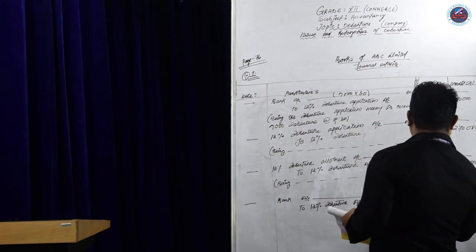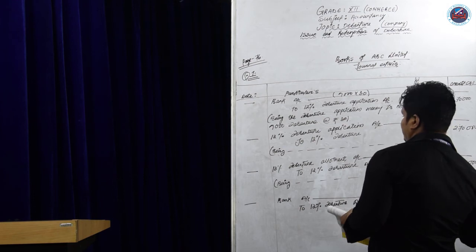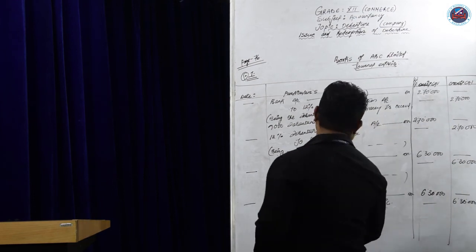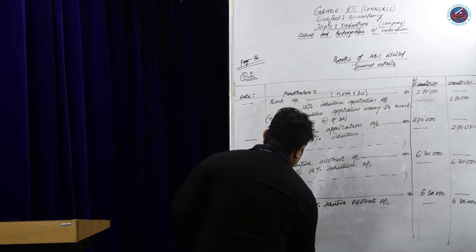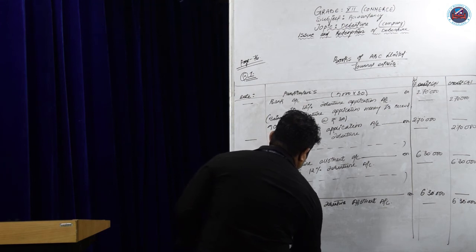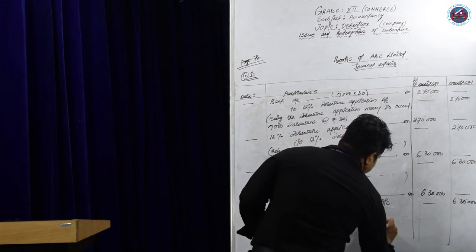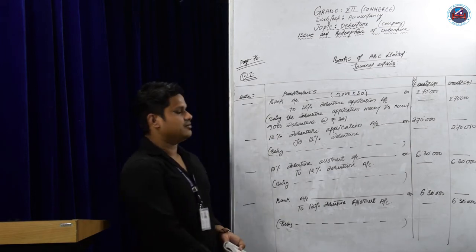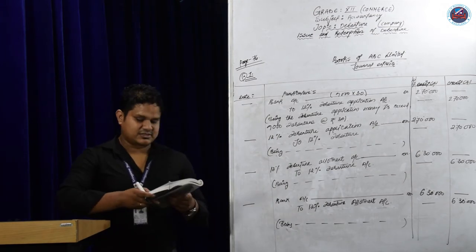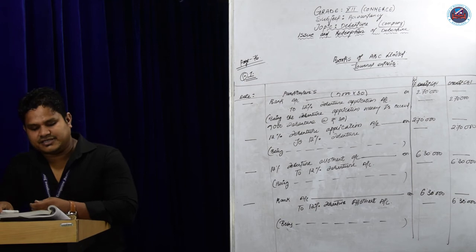The amount will be 6,30,000. Being the debenture allotment money received. In the same manner we'll do it. Okay, so this is the first question of debenture.